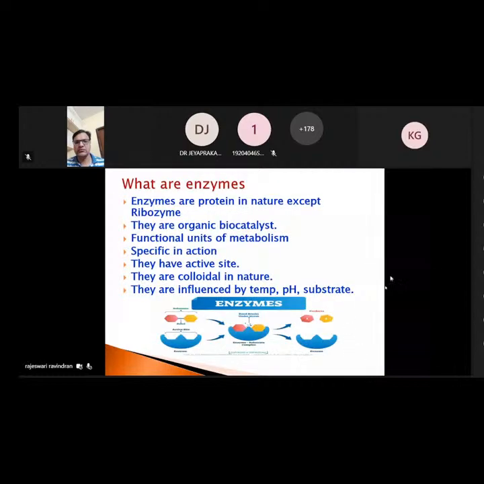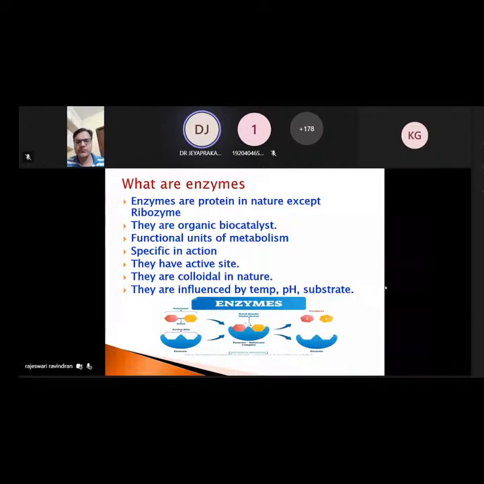First, let me introduce what enzymes are. You learned the basics of enzymes in plus 1 and plus 2. Enzymes are protein in nature, except ribozymes, which are RNA acting as enzymes.